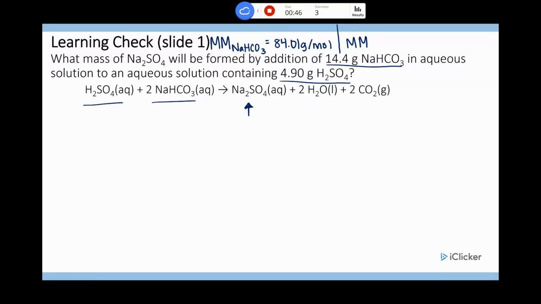The molar mass of sulfuric acid is 98.07. And then you're calculating the mass of sodium sulfate, so I'll give you the molar mass of sodium sulfate, and that is 142.05 grams per mole.